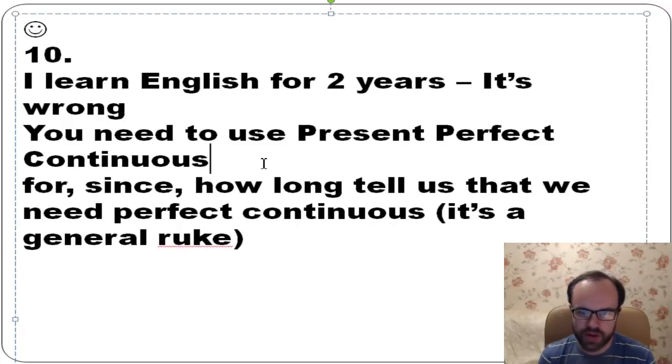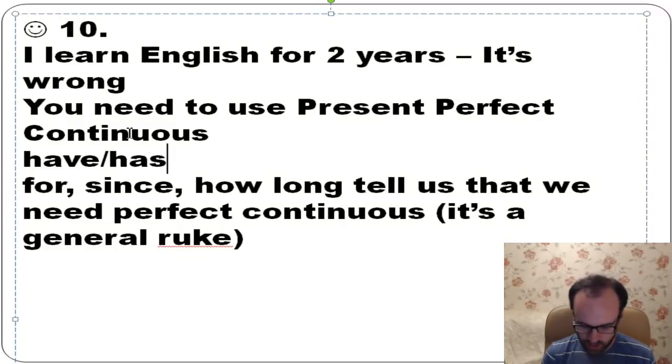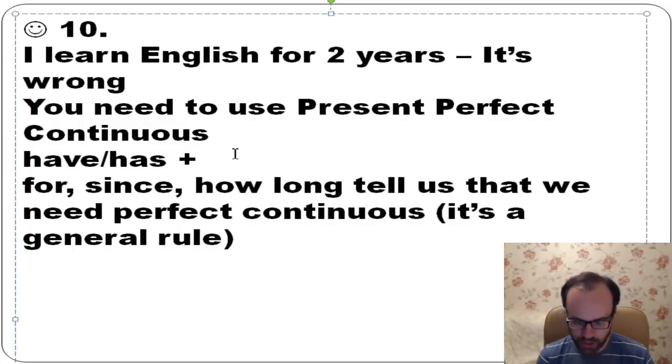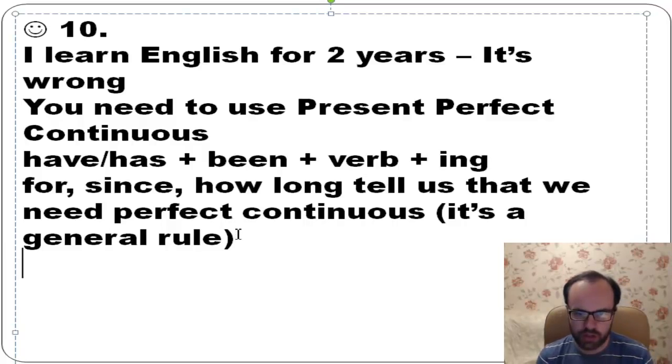So what is present perfect continuous? How do you form it? Have or has plus been plus verb plus ing. So I, we, you, they have; he, she, it has.